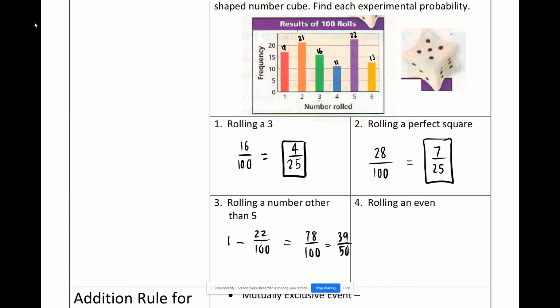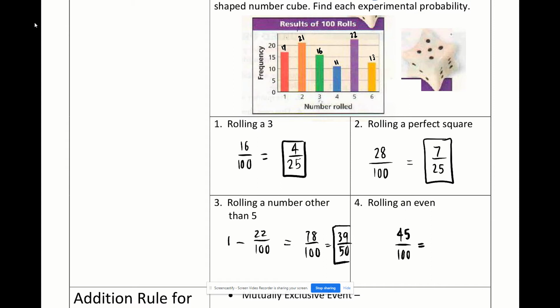All right, so there you have it. Really easy. Of course, I'll quickly do the even. Remember, your bottom number is still 100. My even numbers are 2, 4, and 6. So that's 21 plus 11. That's 32. 32 plus 13 is 45. So that's 45 out of 100.